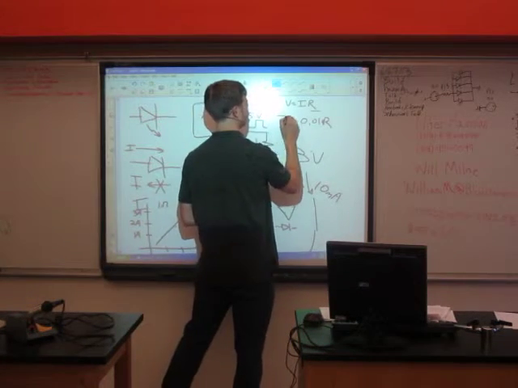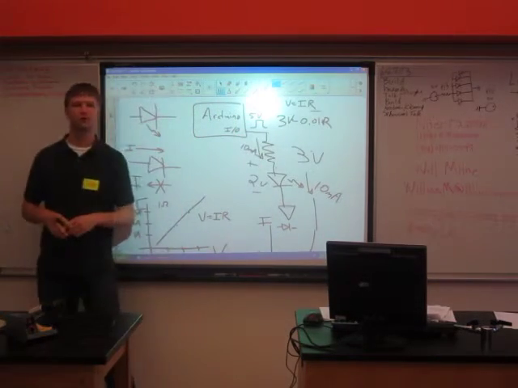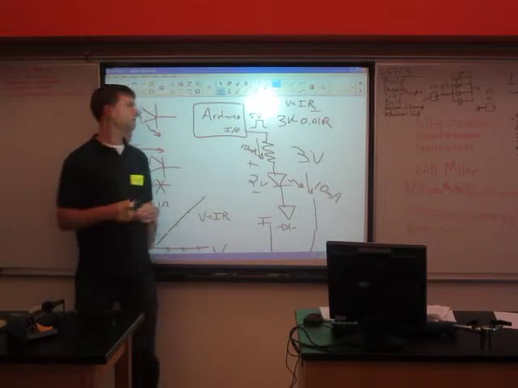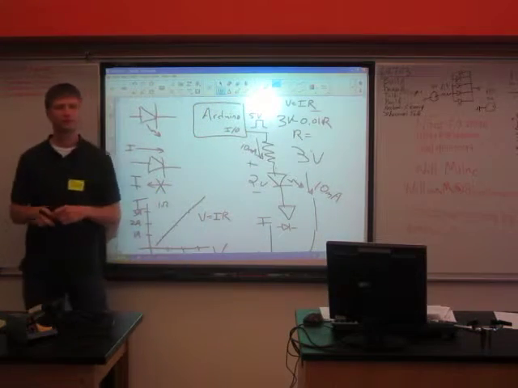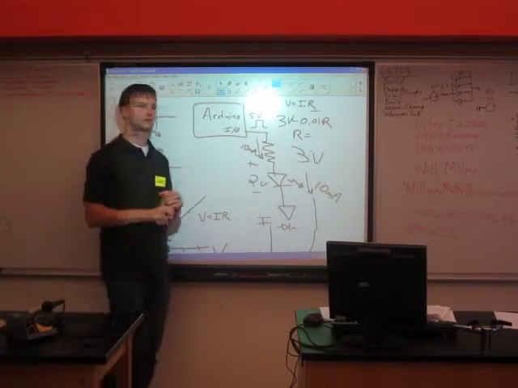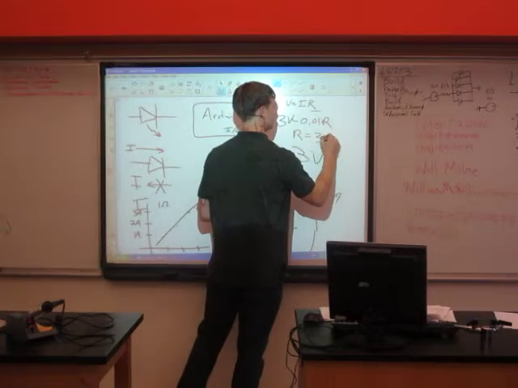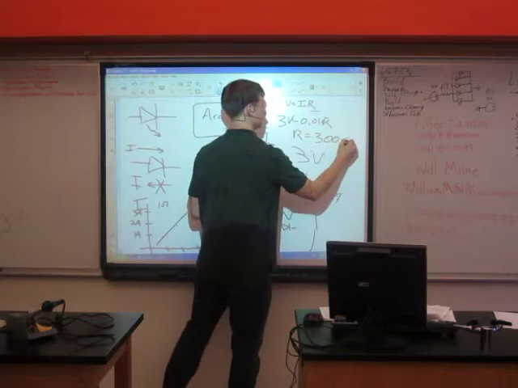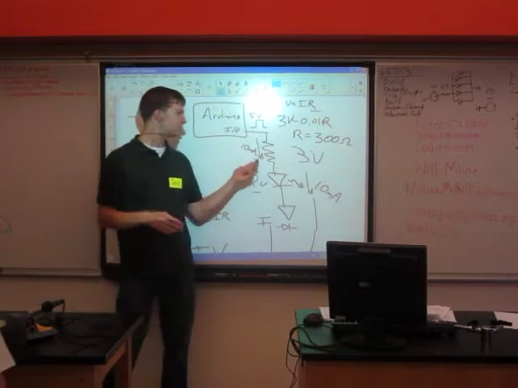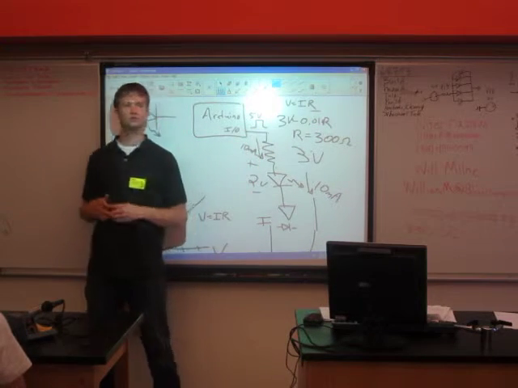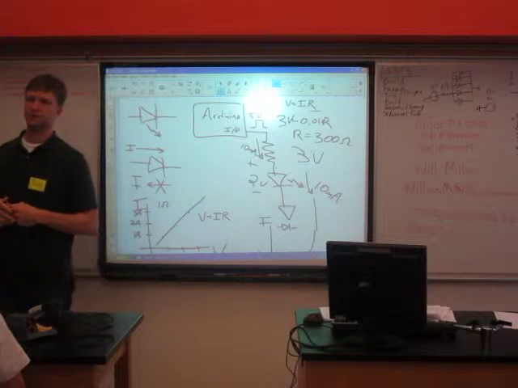Awesome. 3 volts equals 0.01 times R. And then we can calculate R equals, who wants to do it? 300. Brilliant. Good. So that's how you figure out how you can use a resistor and an LED together to make it work.